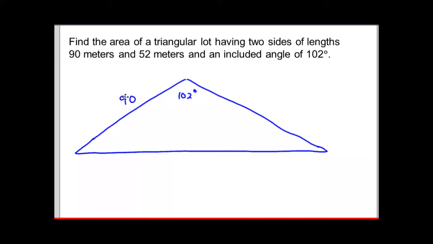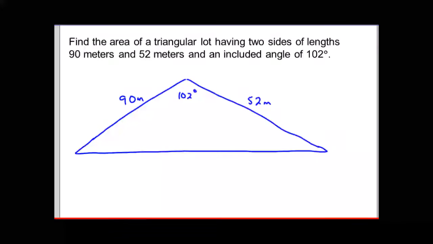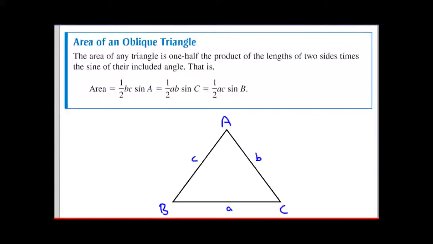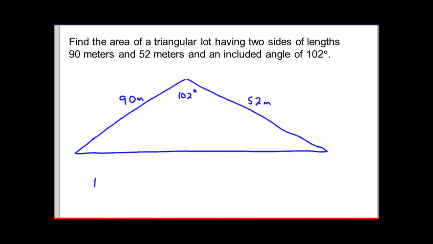So maybe this side is 90 meters and this side is 52 meters. Right? This formula right here tells us all I have to do to find the area of this triangle, maybe I better say area so you don't think I'm saying A, the area of this triangle is going to be 1/2 times 90 times 52 times the sine of 102 degrees.